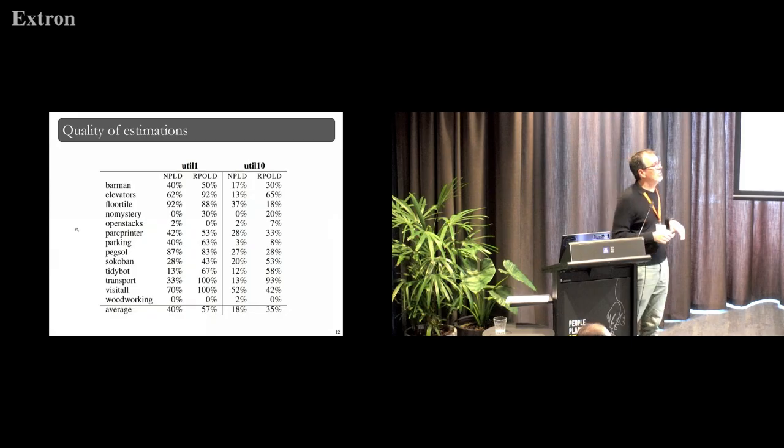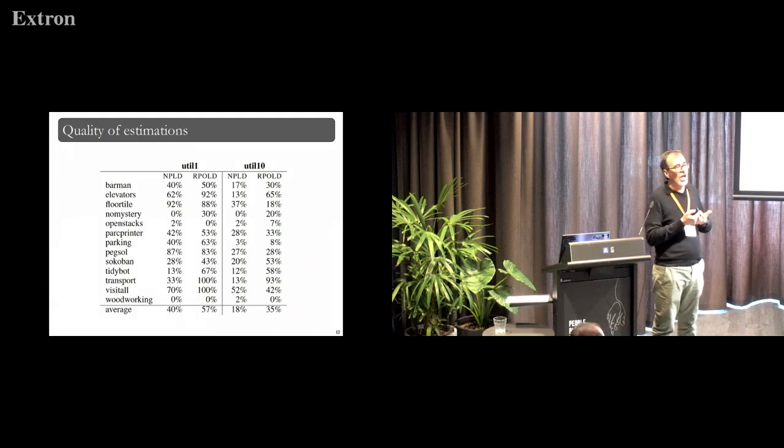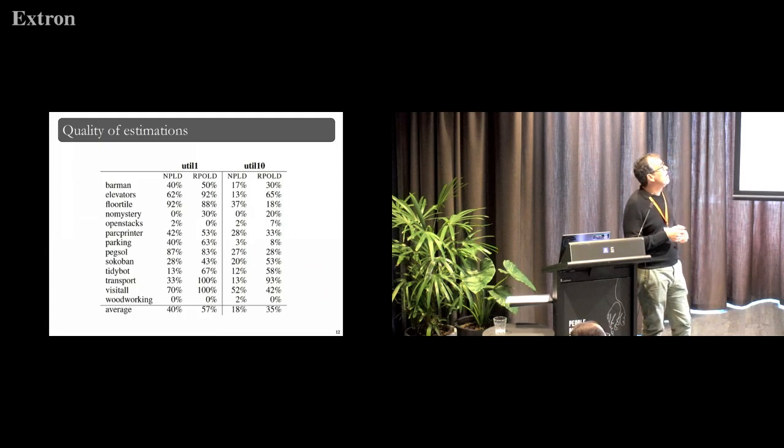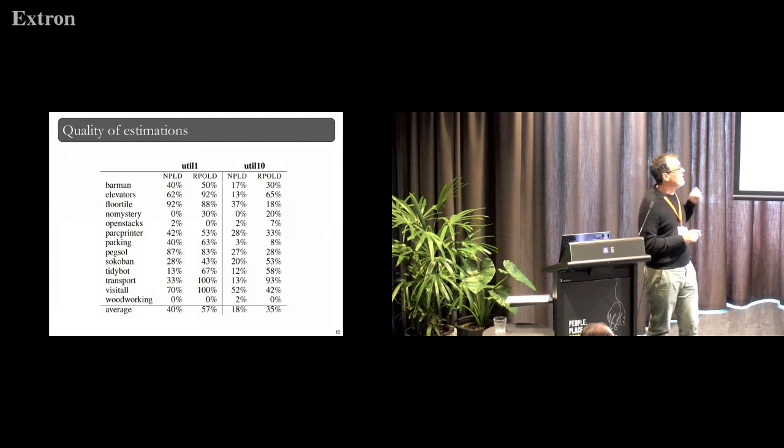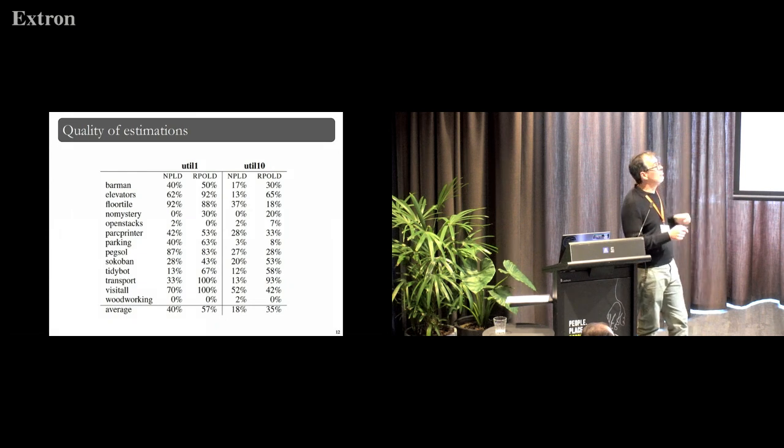Regarding the quality of the estimation, the second question that we have is whether having better estimations will allow us to have less oversubscribed problems. In this table, we show the number of oversubscribed problems that we have by our first selection of goals. So this 40% here means that 40% of the problems in the Barman domain were still oversubscribed, so we had to remove at least one goal to find a solution.